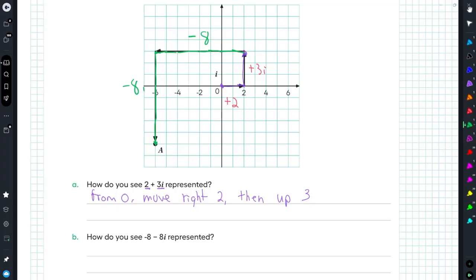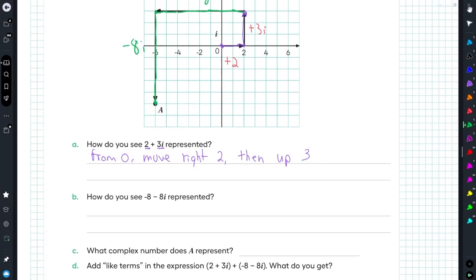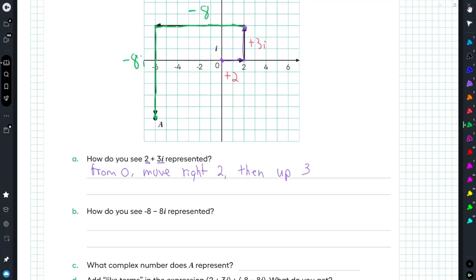We went negative 8i on the imaginary number line. So how do we see that represented? From the previous step, in the previous question, move left 8 and down 8.